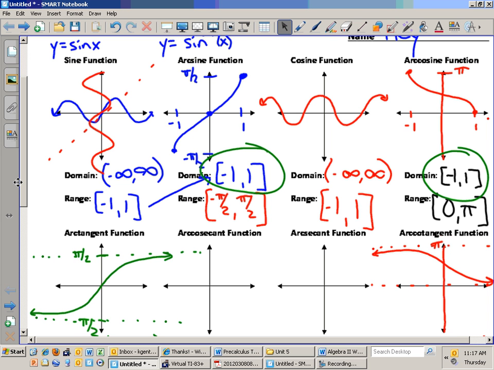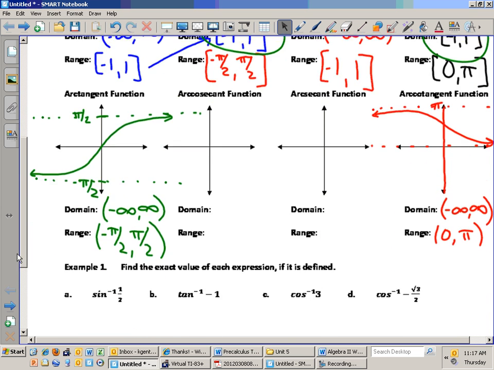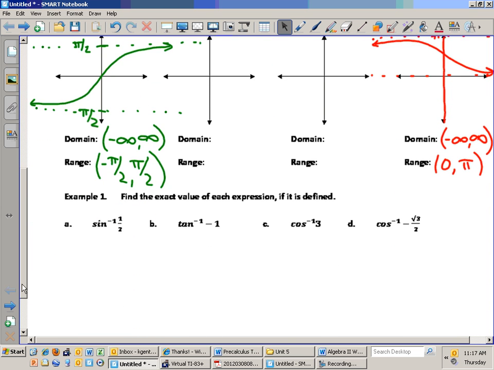Now, look at this sheet right here. Our first question says, find sine inverse of 1/2. As you look at this sheet, can you give me two angles where we know sine is equal to 1/2?